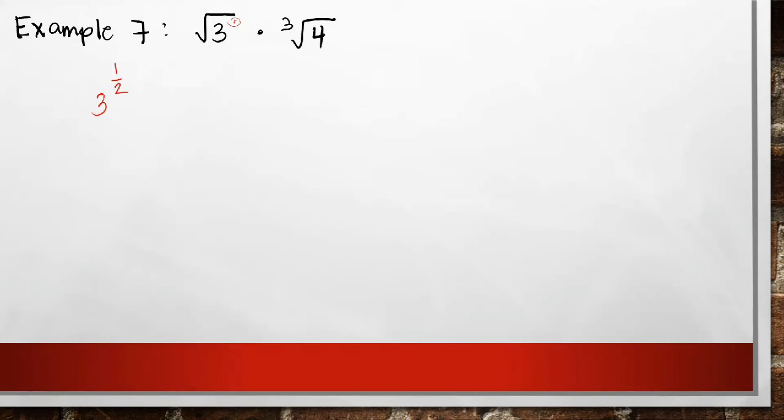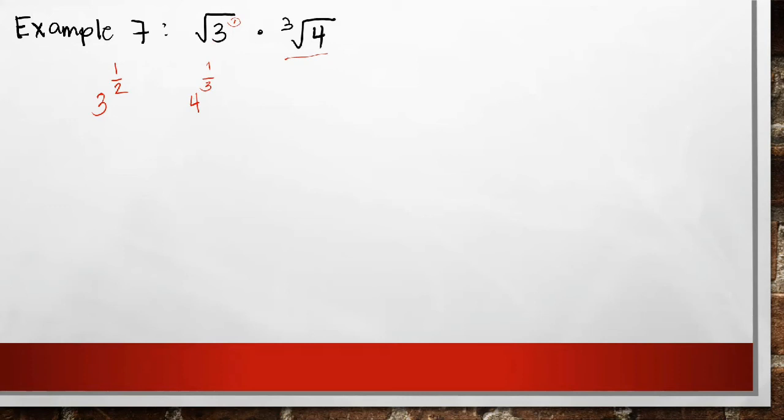Now next, we have the base 4 for our second radical. We have the exponent with numerator 1 and denominator 3. What we are going to do is make new fractional exponents whose denominators are the same.